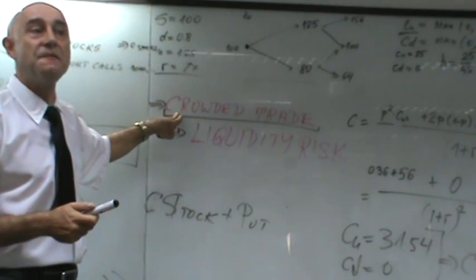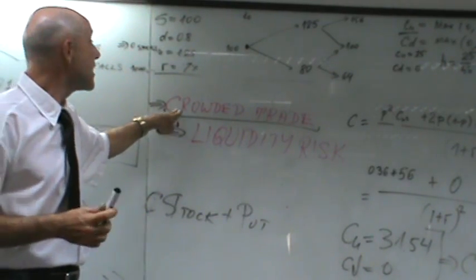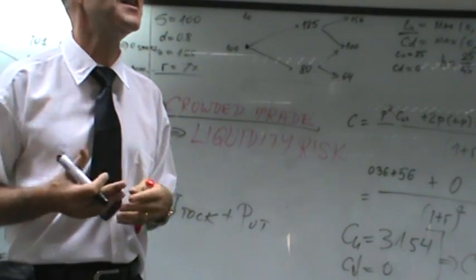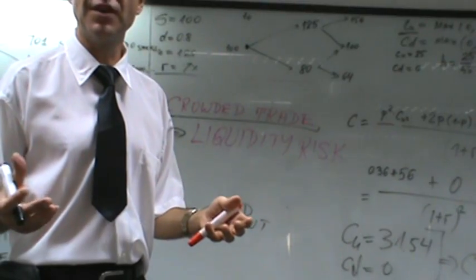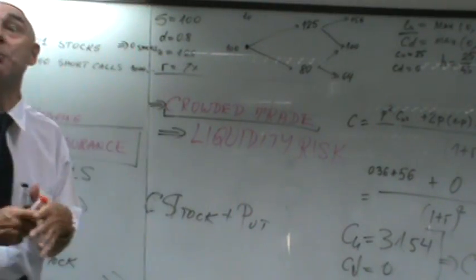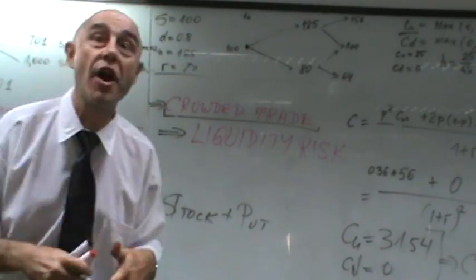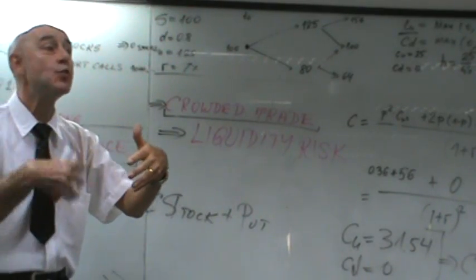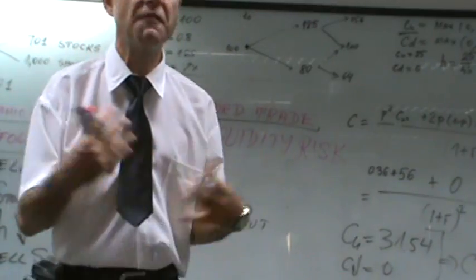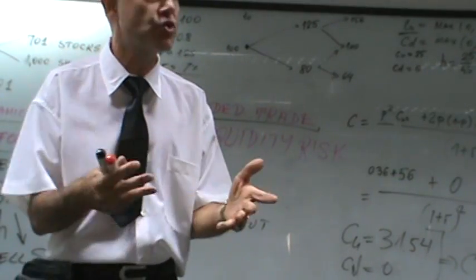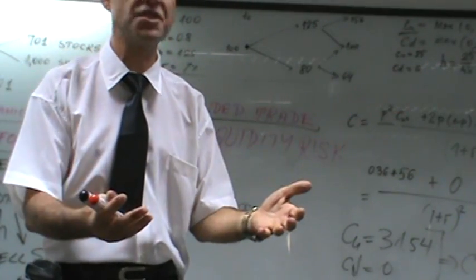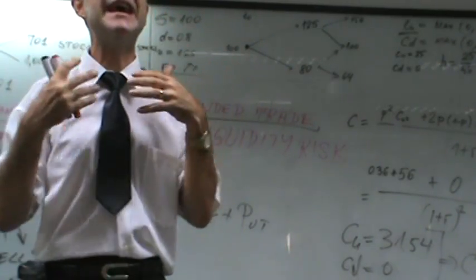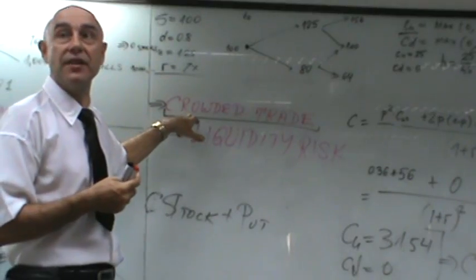So, in finance, you got to understand that crowded trades always end up in disaster for the investors. Usually they end up with a crashing or freezing market, or the market crashes and midway through the crash the market just freezes and there's no trade, or the market just closes on everybody. And you can't get out of your crowded trade.